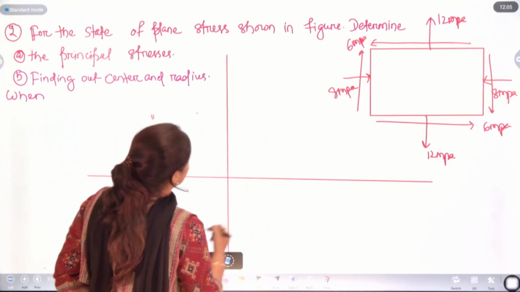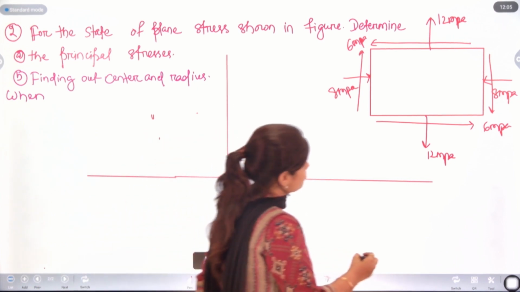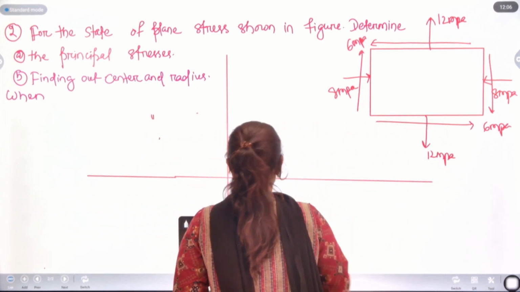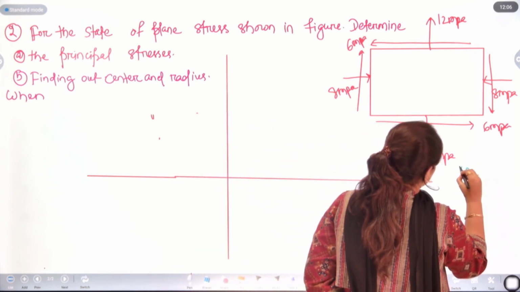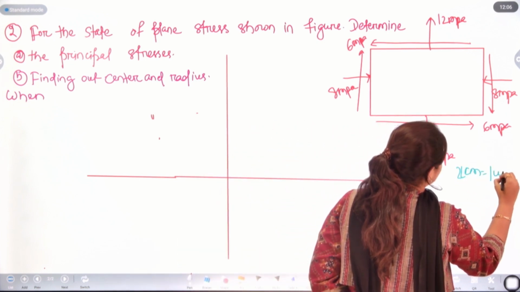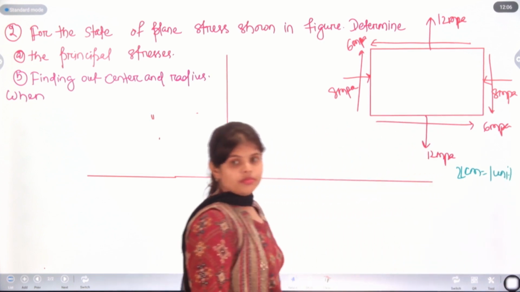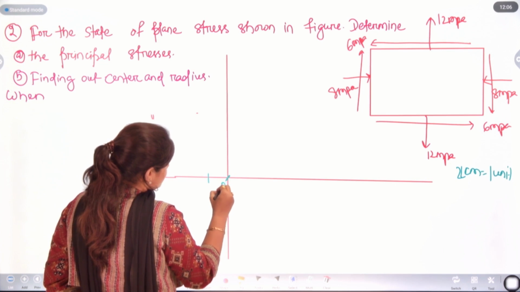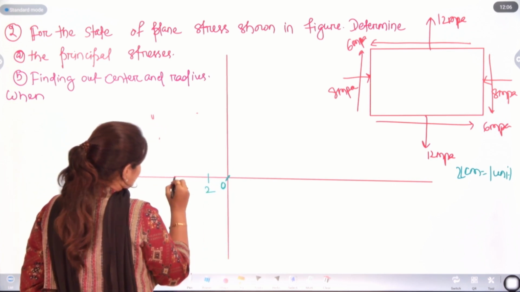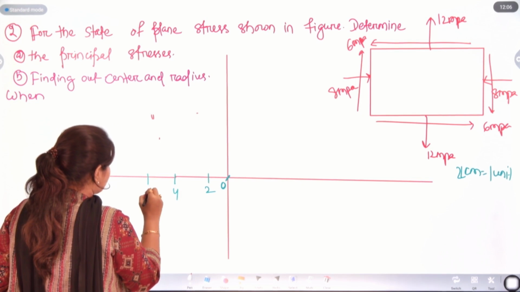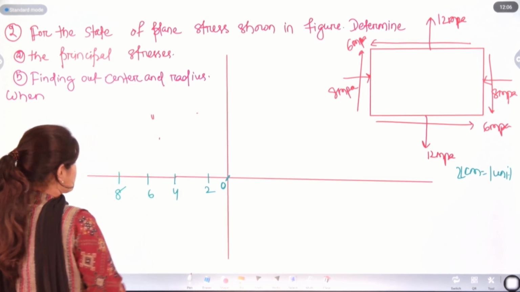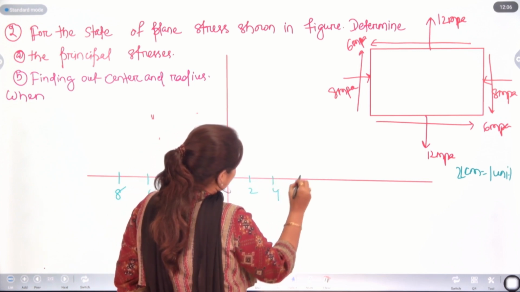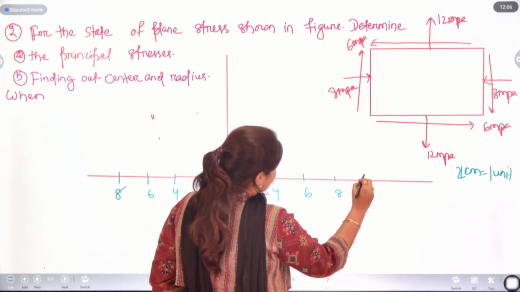So let's take two centimeter as 1 unit. Here this point is O, or you can say 0, 2, 4, 6, 8, and like this side 2, 4, 6, 8, 10.